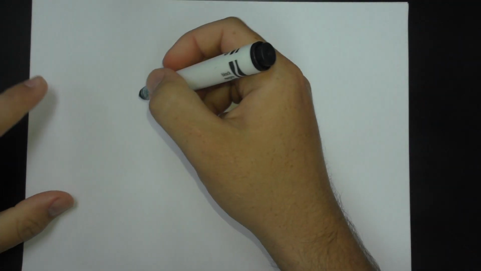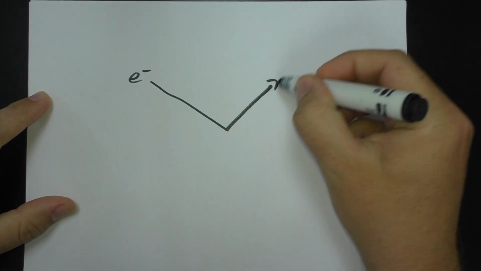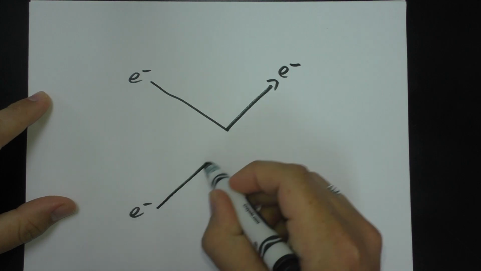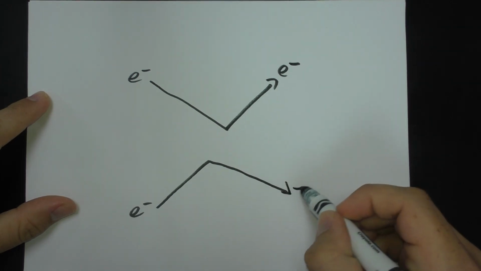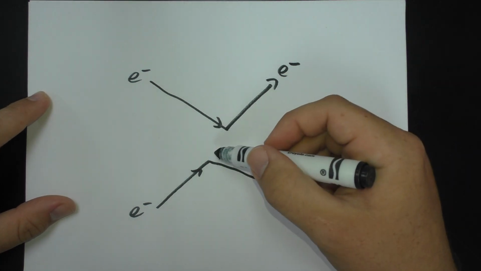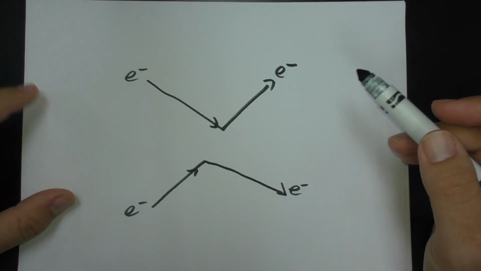So here is another example. Electron. But we've got another electron. Now, as you well know, electrons, because they are negatively charged, repel each other.